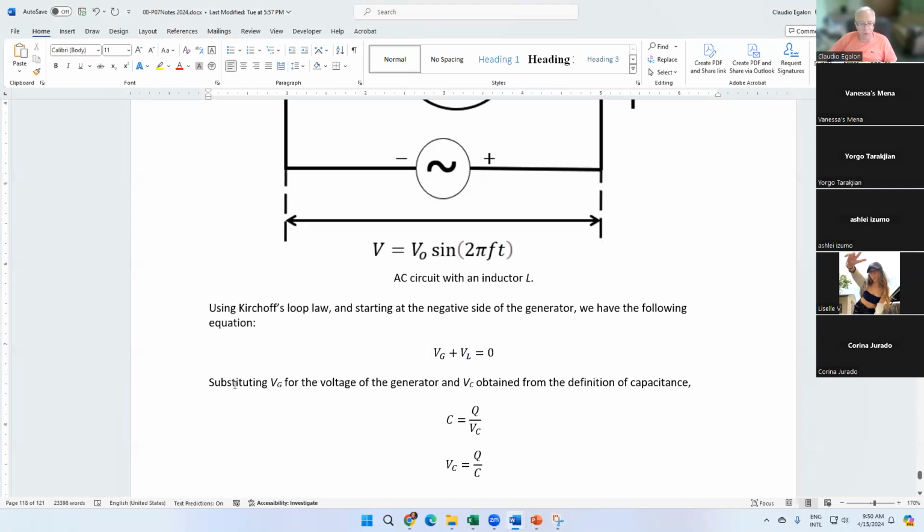And then we have VG for the voltage of the generator and VL obtained from Faraday's law. Remember Faraday's law?